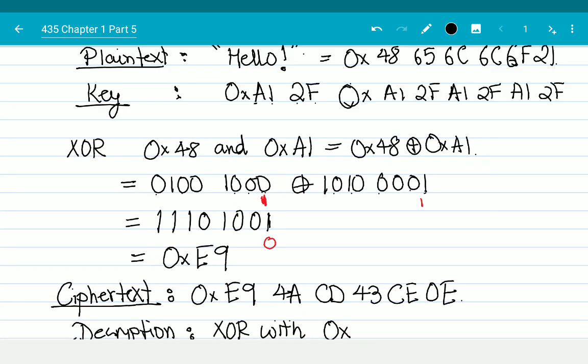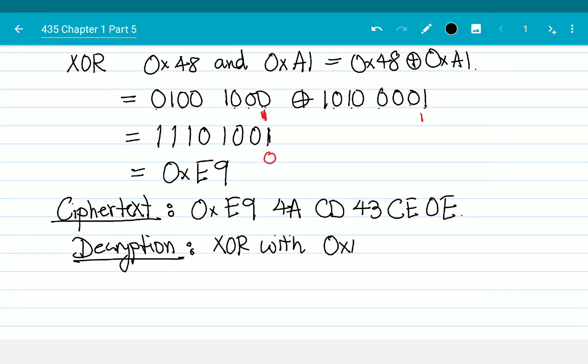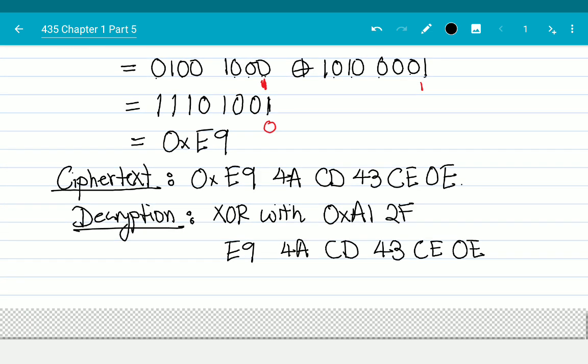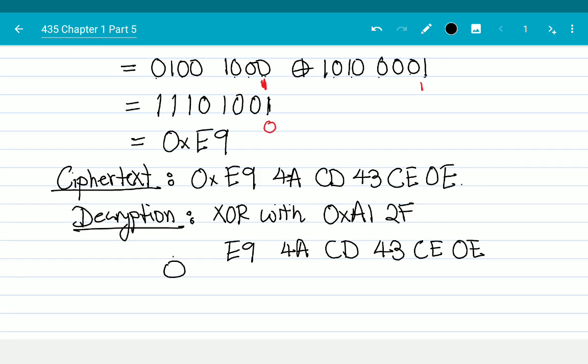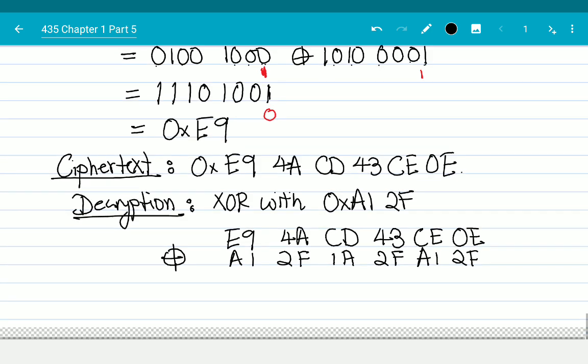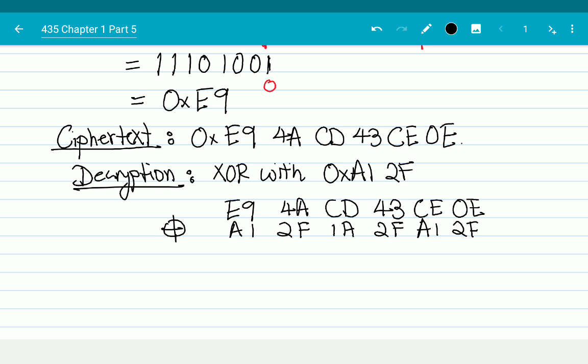A12F. So I would have E9, CD, CE, 0E XORed with A1 2F A1 2F A1 2F, and let us verify if that does indeed give me the correct thing.